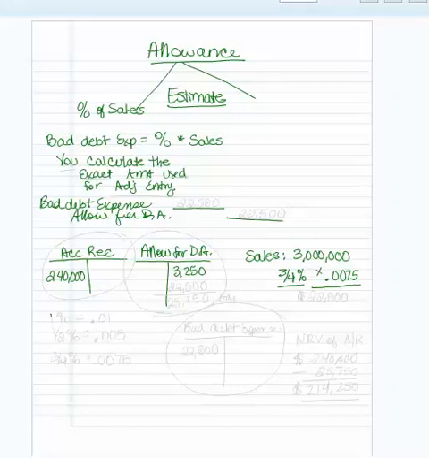If you were going to type in 1% on your calculator, what would you type in? 0.01, right? If you were going to type in 1/2 of 1%, you would type in 0.005, and 3/4 of 1% would be 0.0075, okay?